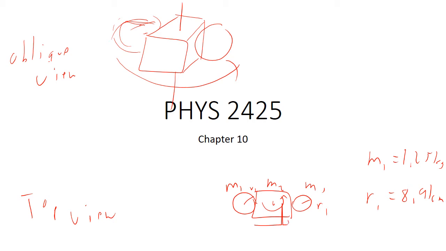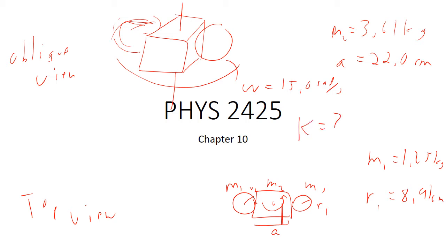Let's say that this has a side length of a, and so let's say that m2 is going to be 3.61 kilograms, and a is going to be equal to 22.0 centimeters. Okay, and so I want to know if the entire thing is spinning with an angular velocity of 15.0 radians per second, what is the kinetic energy of rotation.